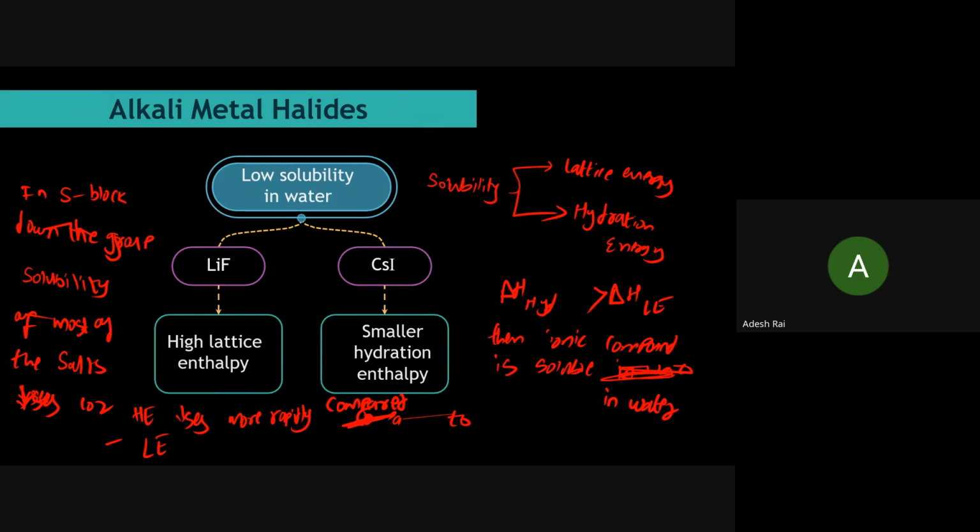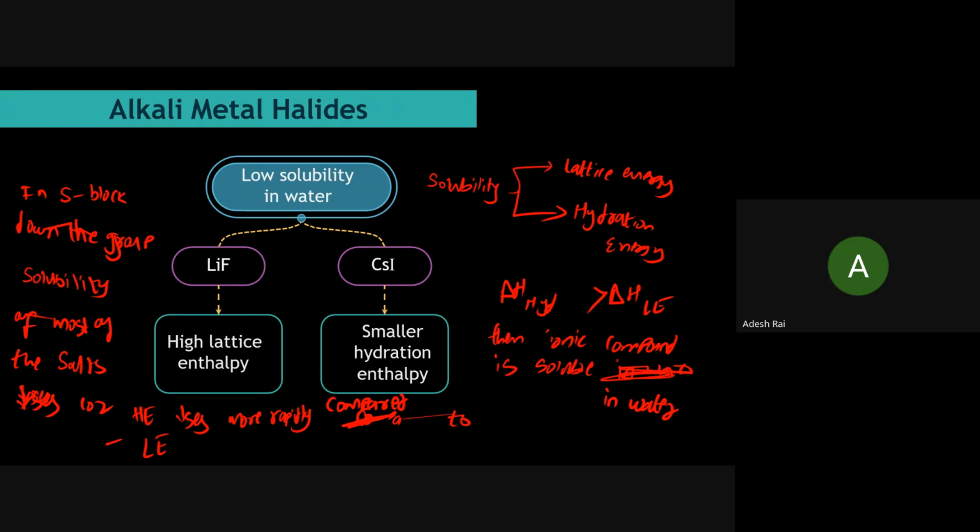So if you check over here, lithium fluoride and cesium iodide. High lattice enthalpy for lithium fluoride. Why is it high? And for cesium iodide, why is it smaller hydration enthalpy? Why are both of these low soluble in water?